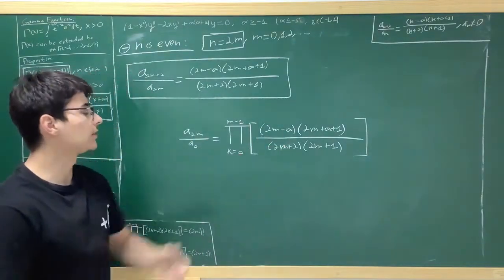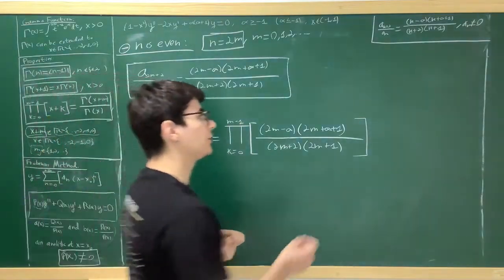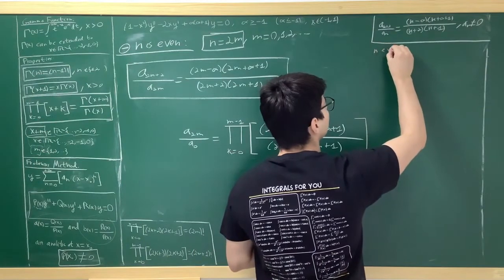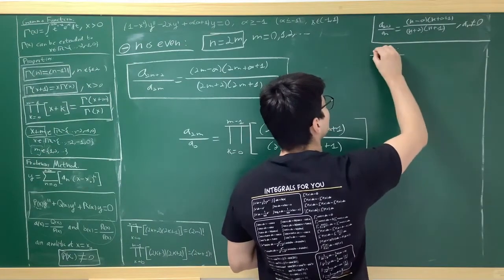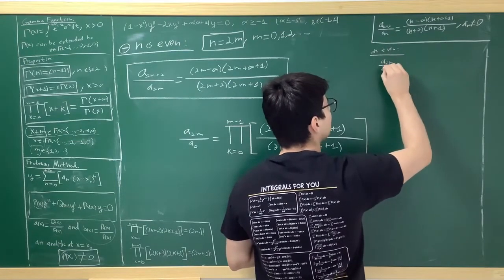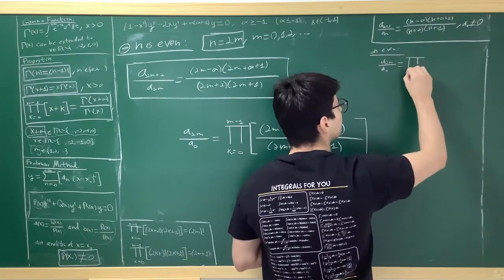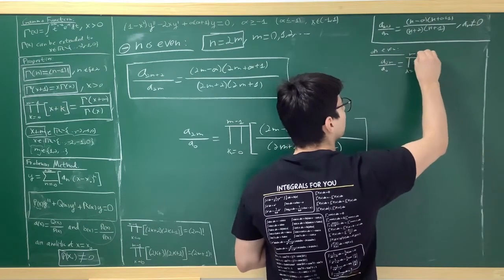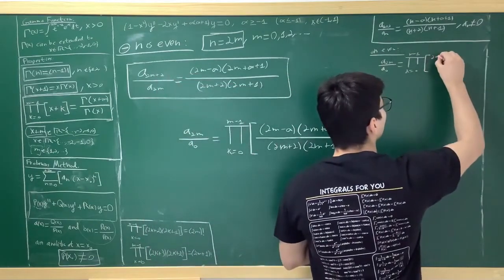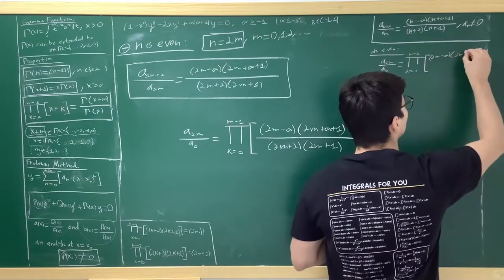How do we solve this? Well, let me just write for later this relation right here, okay? So for even, what we get is a 2m over a naught is equal to the product from k equals 0 to m minus 1 of 2k minus alpha and 2k plus alpha plus 1.